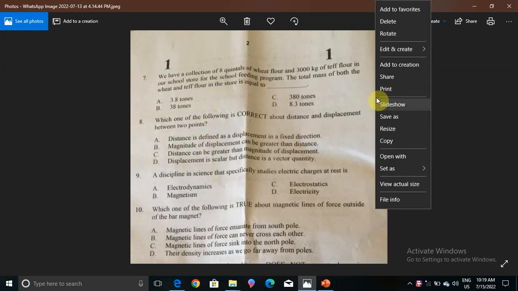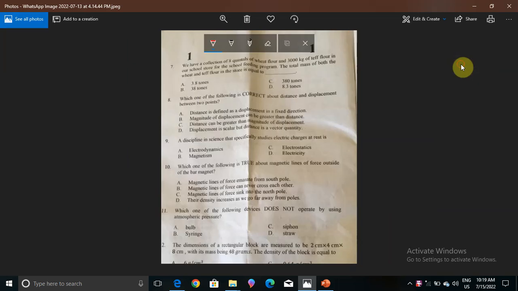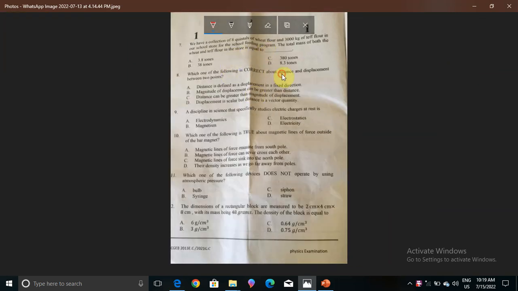Okay, first of all, here it says 8 quintals, but we have here 3,000 kilograms. We convert kilogram to ton, because here in the choices we need ton, right? And he said the total mass of both the wheat and teff flour in the store is equal to what?